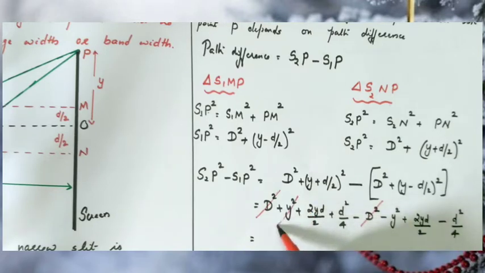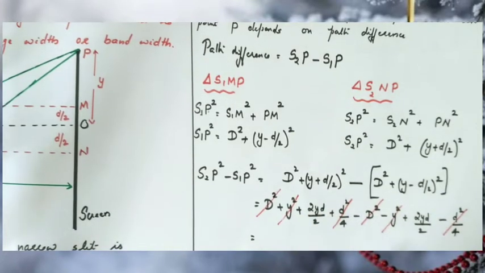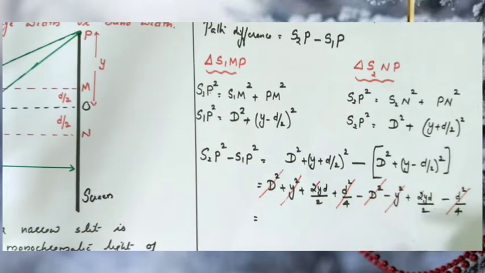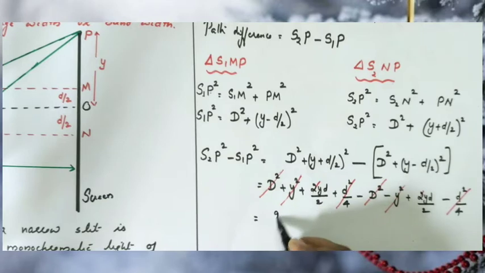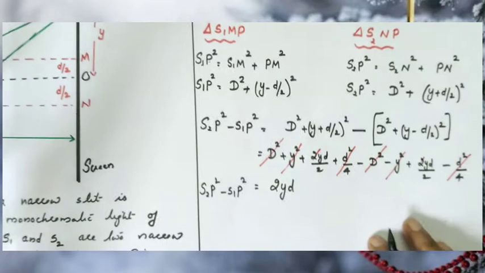We can cancel Y square and Y square. We can cancel D square by 4 and D square by 4. Now it becomes 2YD by 2. 2 cancel. Here also 2 get cancelled. So final answer is 2YD. Okay, children. So final answer is S2P square minus S1P square equal to 2YD.